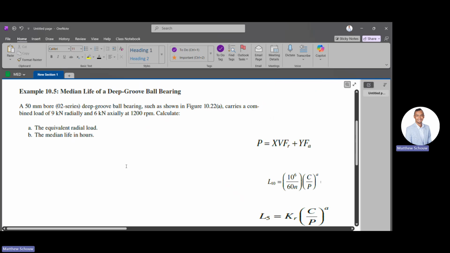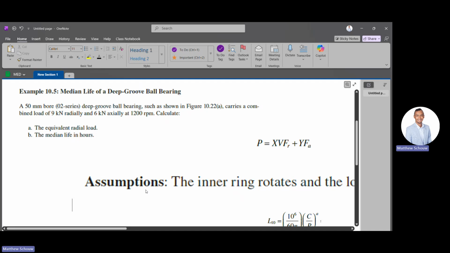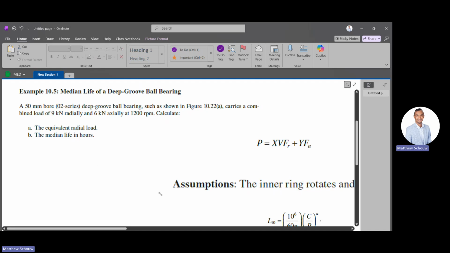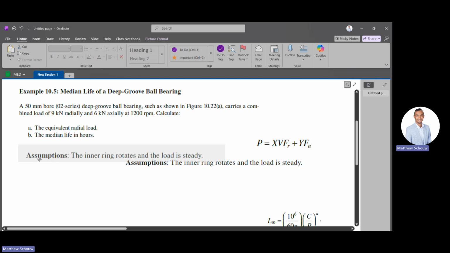Before we begin, let's quickly see. What we're going to assume for this question, because we need to assume something here, is that we have the inner ring rotating, and the load is steady.